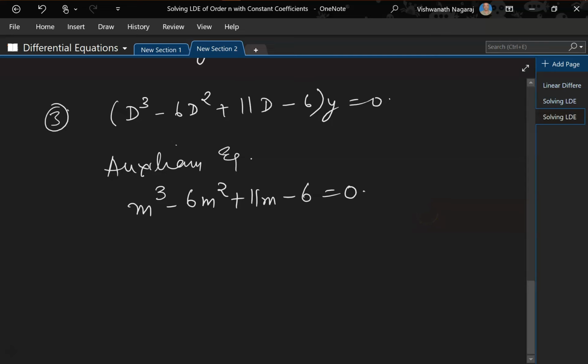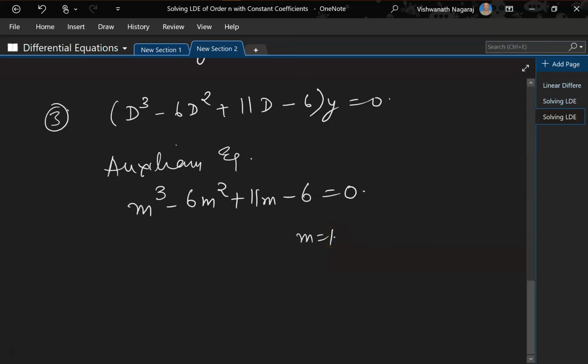Okay, now let's try to figure out one root using hit and trial.